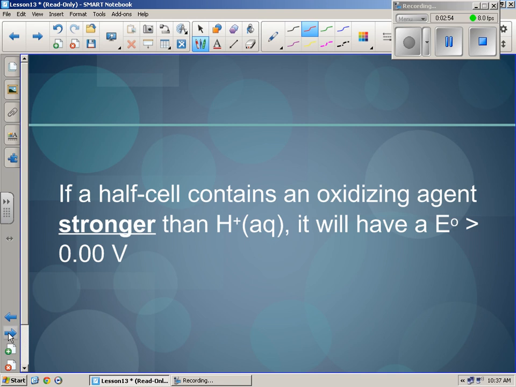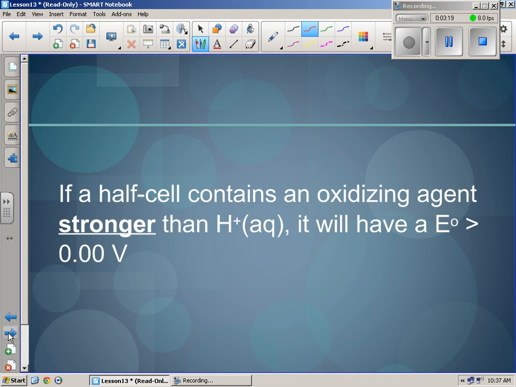And we know that if it's the oxidizing agent, it's being reduced, correct? So that would be the cathode, which would leave this as the anode, and the cathode minus the anode would be a positive, because those numbers are all greater than 0. So whichever one you want to pick there.